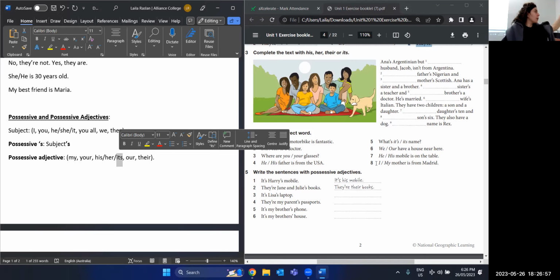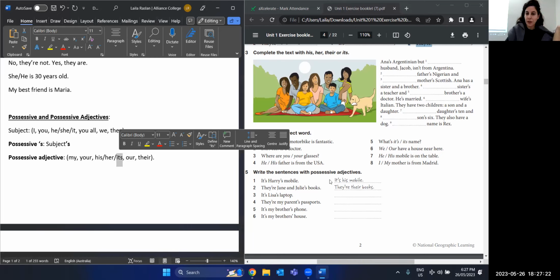So when you feel you can point to something else, you're not saying I am from Madrid, but she is from Madrid, or he is from Madrid, or my mother is from Madrid. So when you're pointing and talking about someone else, not you, then it's my. Yeah, my mother is from Madrid.